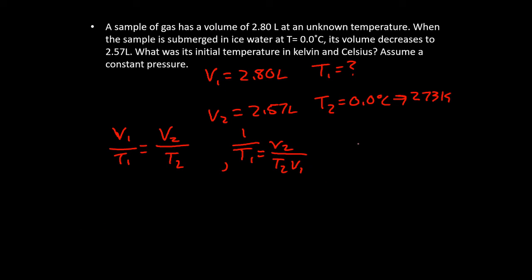And there we go. So we'll end up with T1 is equal to T2 V1 over V2. And by the way, alternatively, you could have multiplied both sides here by T2 over V2, and then multiplied both sides by T1.